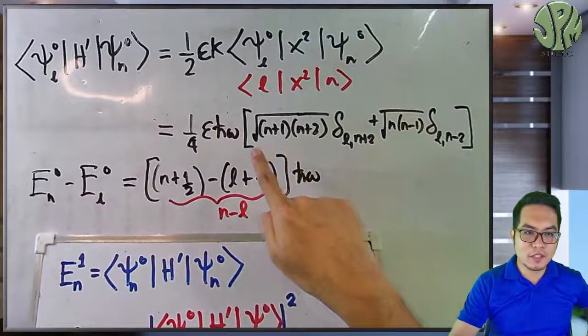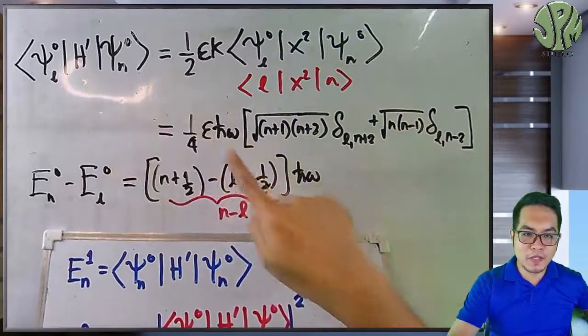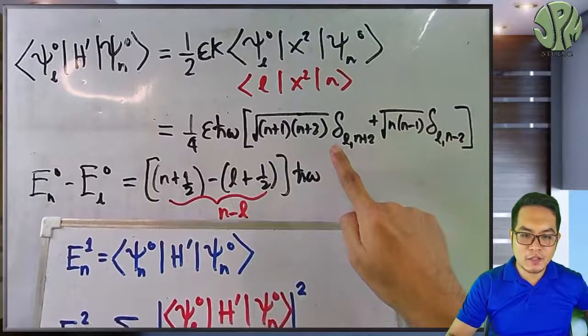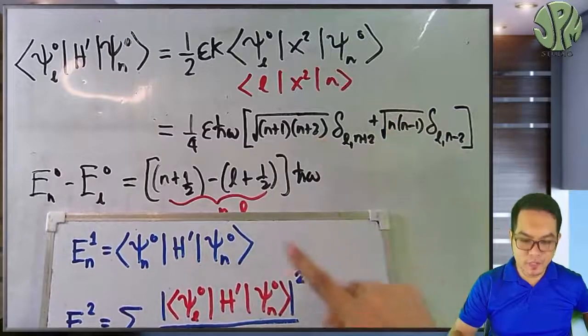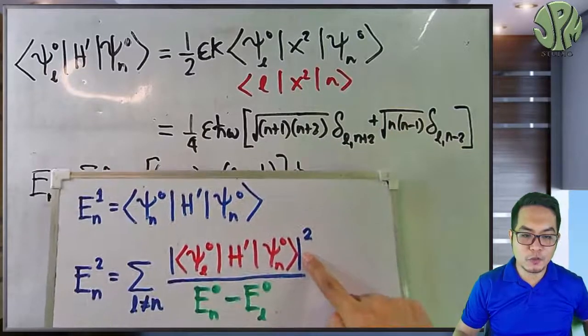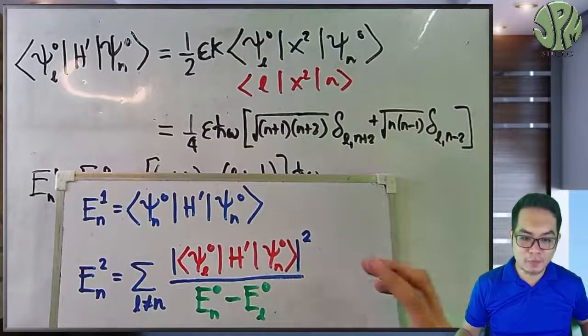And the expectation value of our perturbation, you take the absolute value. There's no imaginary part here, so just take the square of this and put it in the numerator here. And then take the summation.